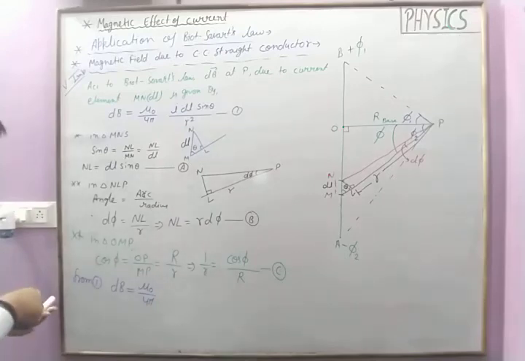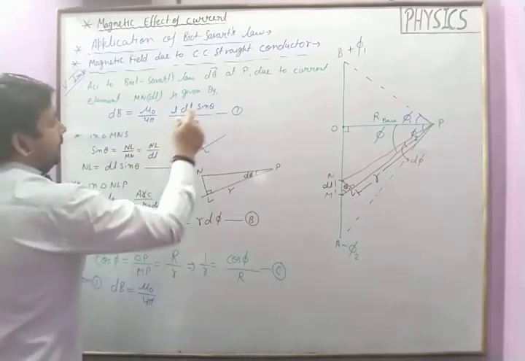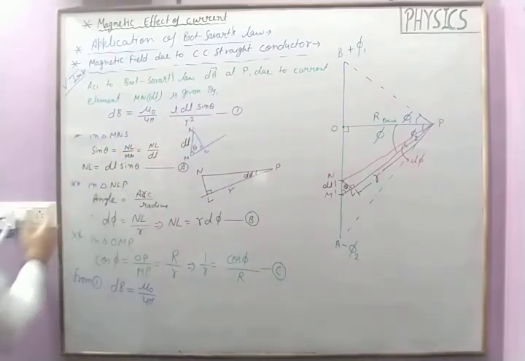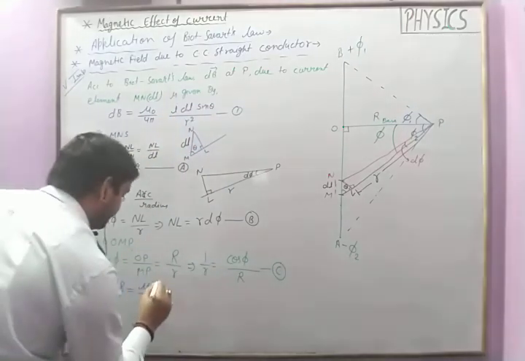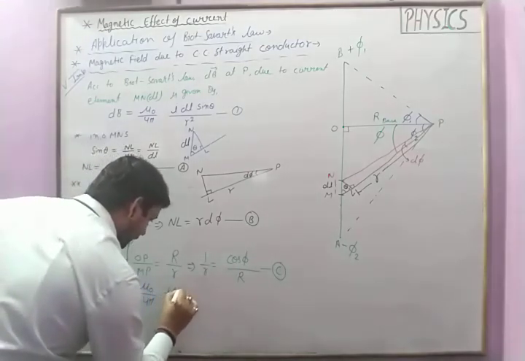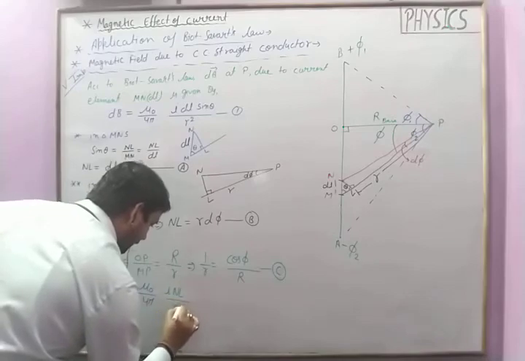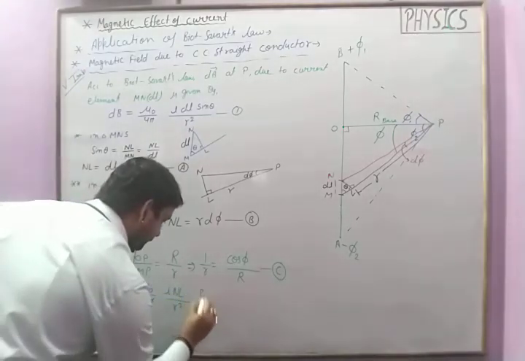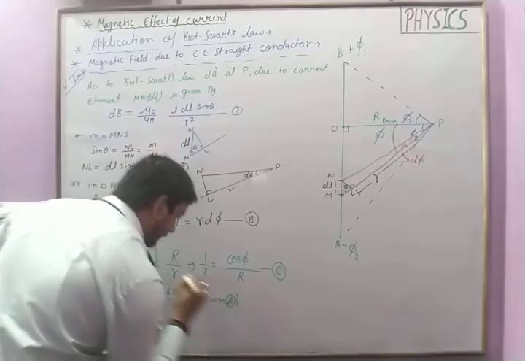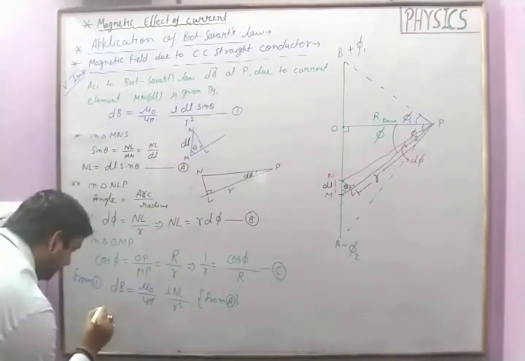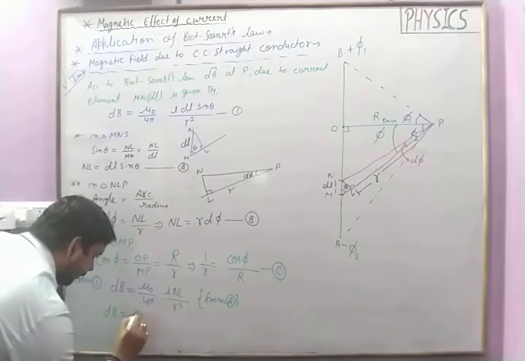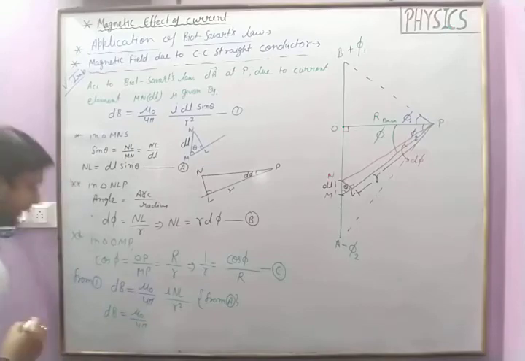Just see here, in place of dl we can write NL, I NL upon r square, from equation A. Second, dB is mu naught upon 4 pi.